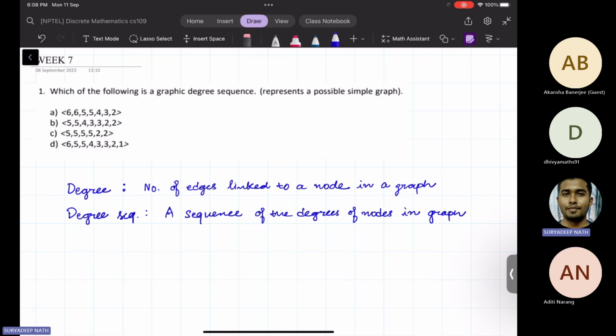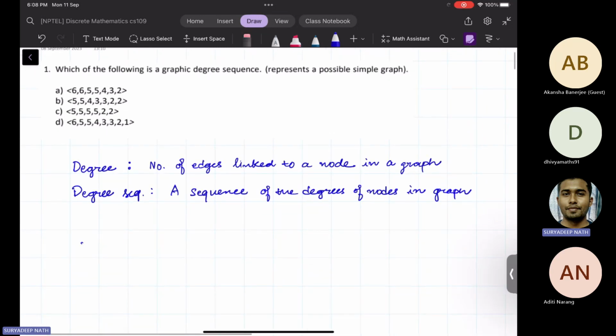So what does that mean? Let's say you have this graph. Let me draw one graph, and let's say like this. Let's call the nodes A, B, C, D. The degree of node A is 3, of B is 2, of C is 3, and D is 2.